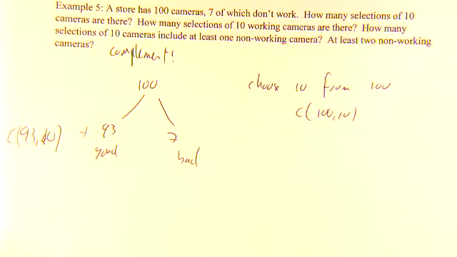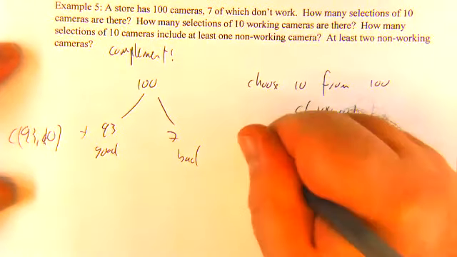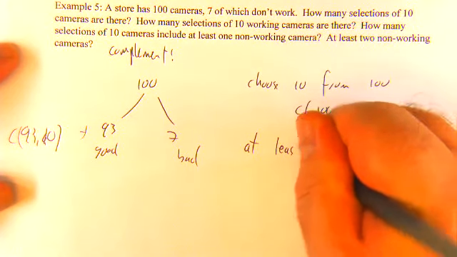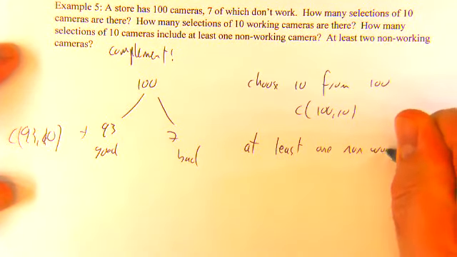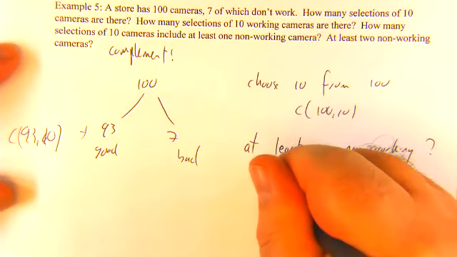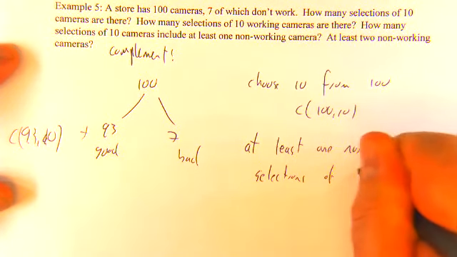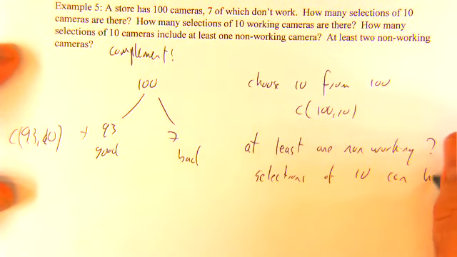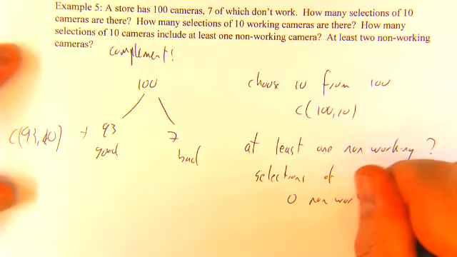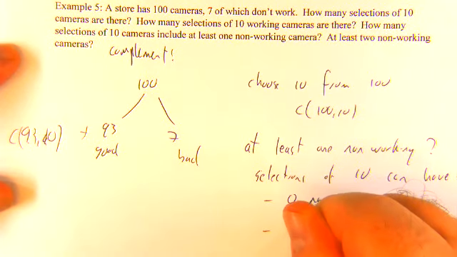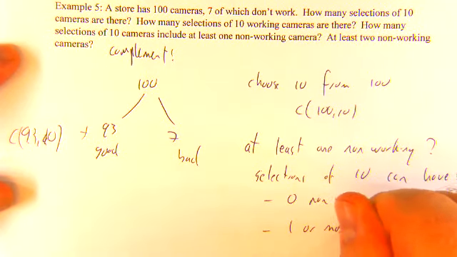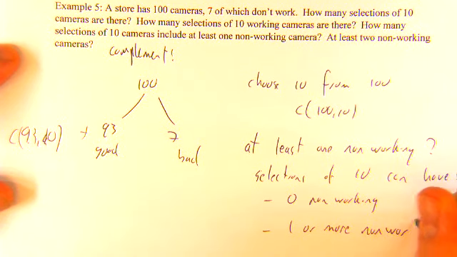How many selections of 10 cameras include at least 1 non-working camera? Okay, so at least 1 non-working camera. Again, we're going to break this up into cases.